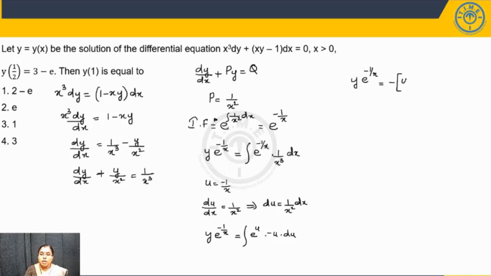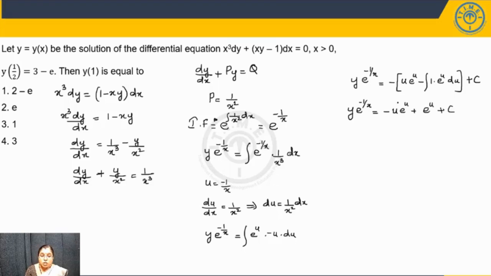So u into integral of e raised to u minus integral of derivative of u into e raised to u du. So this will be the required integral, plus c. So we have y e raised to minus 1 by x equal to minus u e raised to u plus e raised to u plus c.